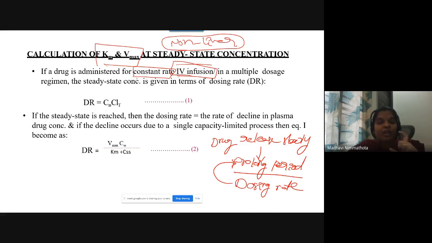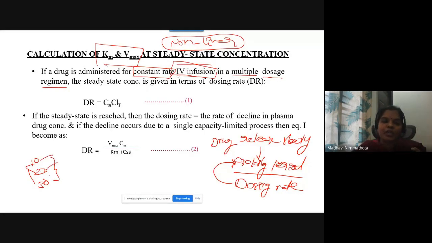So if your drug is administered through IV infusion, that drug will be transported into our body at a constant rate. That's what, or in a multiple dosage regimen. So what do you mean by multiple dosage regimen? A single dose means it may be 10 or 20 or 30 mg. So in case of a multiple dosage regimen, in a single day, you need to give multiple doses.